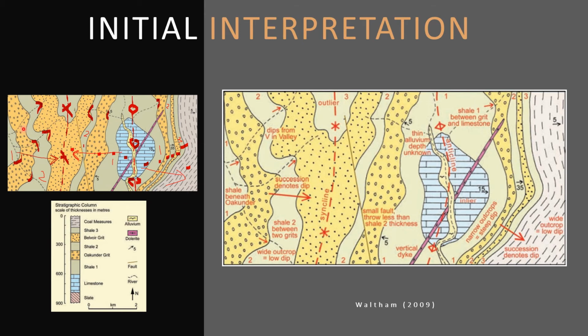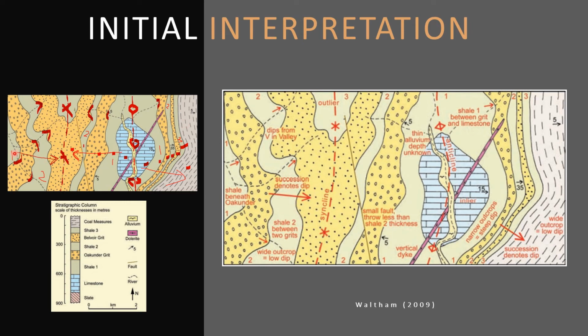So we are correct that there are dips here by the V in valley rule, and also here. So we are correct in that part. How about the dips by succession?